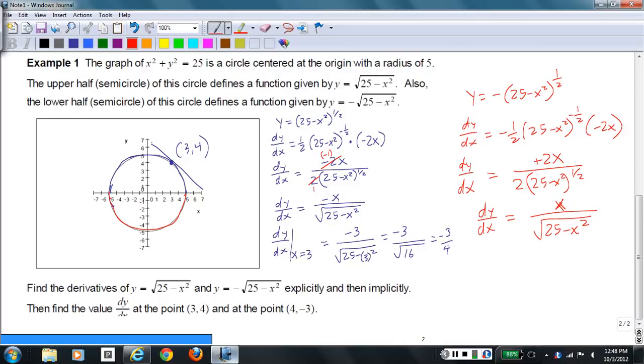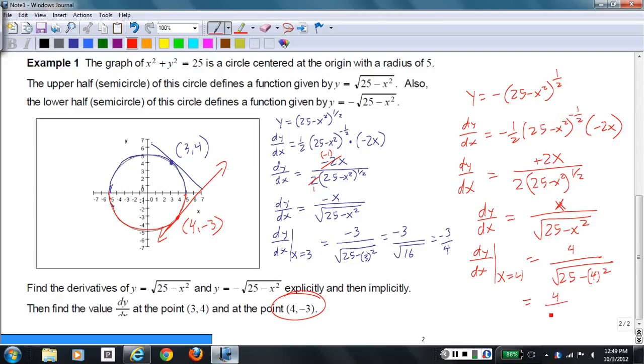So if I wanted to find the slope of the tangent line at the point (4, negative 3), that's on the bottom semicircle, 4, negative 3 right there, what I would need to do is use this other expression. I would say dy/dx at x equals 4 is equal to 4 over the square root of 25 minus 4 squared.